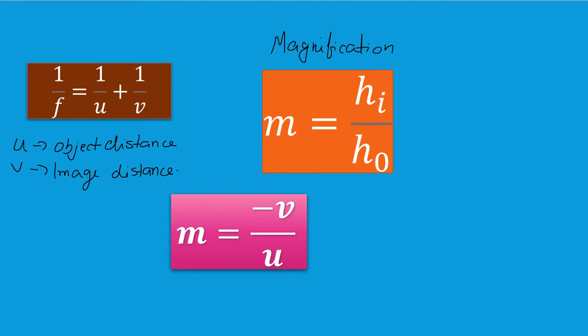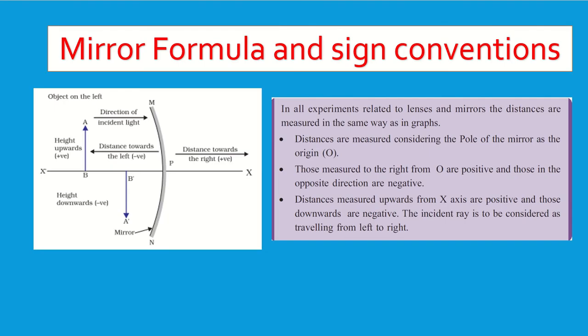Now, how do we apply them? It's not that easy to apply these formulae and calculate. We know 1 by f equals 1 by u plus 1 by v. It looks quite easy, but we have to follow certain rules when we apply the values in this formula. That comes under the new Cartesian sign conventions.